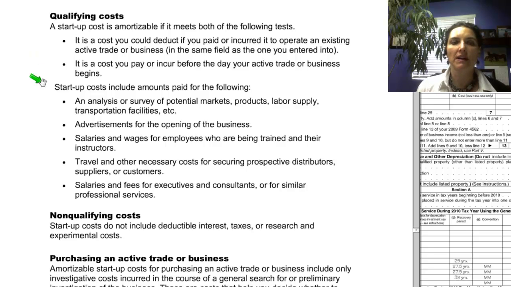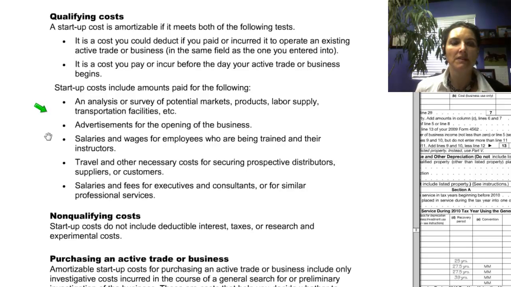Startup costs include amounts paid for the following: an analysis or survey of potential markets, products, labor supply, transportation facilities, etc. Advertisements for the opening of the business. Salaries and wages for employees who are being trained and their instructors. Travel and other necessary costs for securing prospective distributors, suppliers, or customers, and salaries and fees for executives and consultants or for similar professional services.